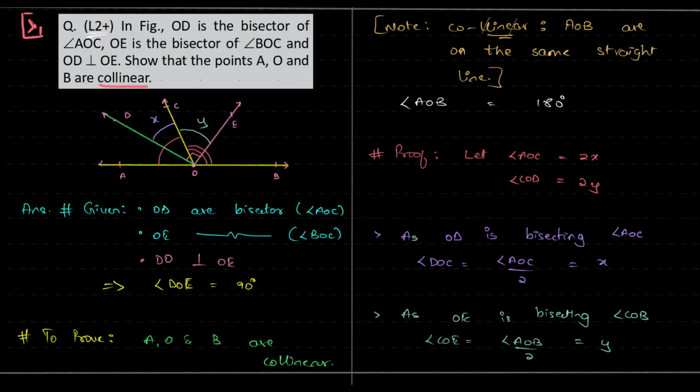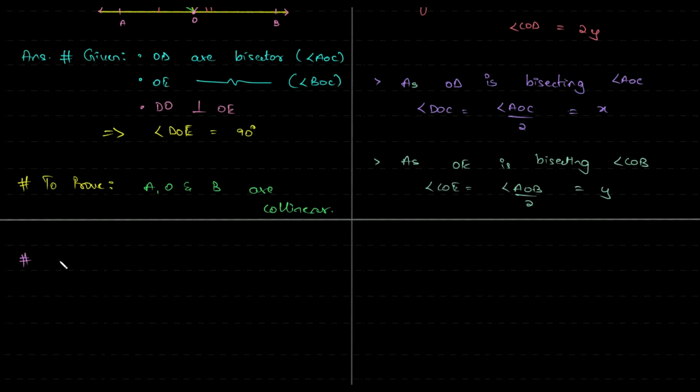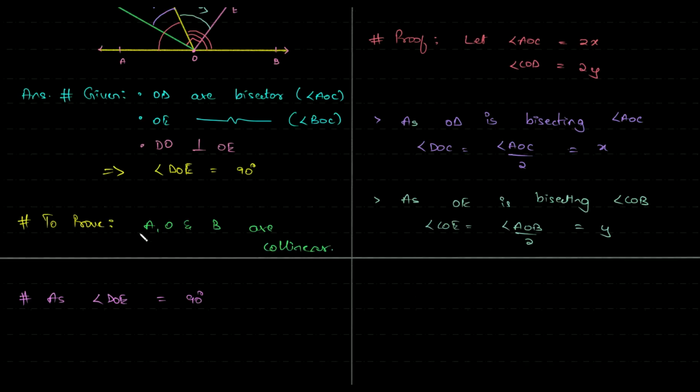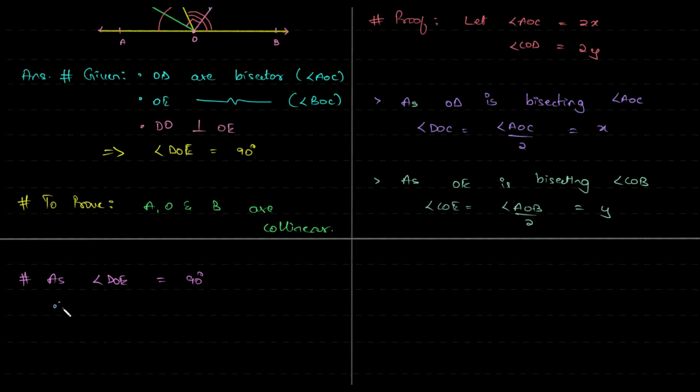Now, we have been given that angle DOE is equal to 180 degrees. Right? As angle DOE is equal to, not 180 degrees, sorry, 90 degrees. But it's made up of what? DOE is made up of x plus y. Therefore, x plus y is equal to 90 degrees.